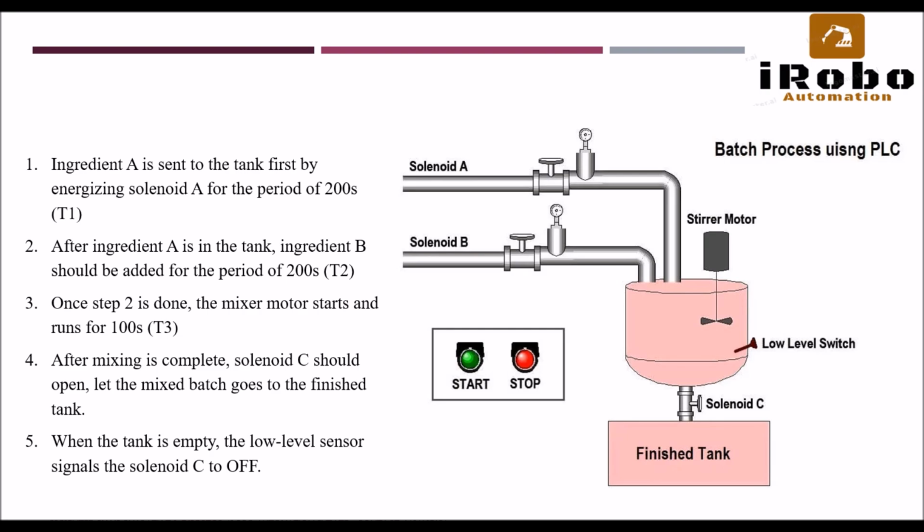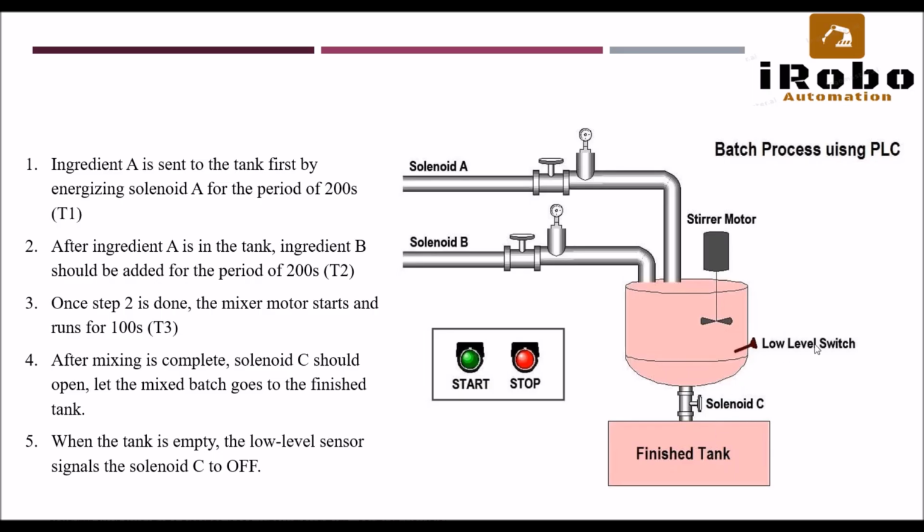There is a start button, a stop button, and a steering motor for proper mixing of ingredient A and ingredient B. Once the steering is completed, that means the liquid has mixed properly, and that is the final liquid. So that is filled into the finished tank by opening solenoid C, and the finished fluid will fill into the finished tank.